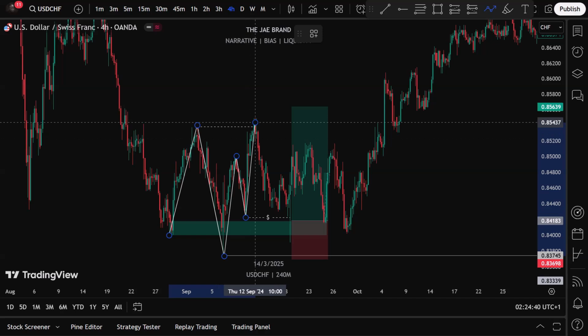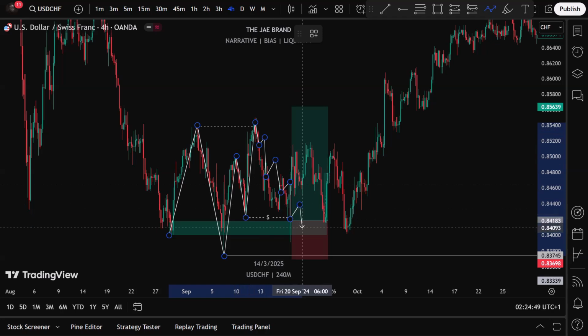And what happened? You see price gradually retracing into my unmitigated area of value. Of course, price is going to take out the structural liquidity, which you see price actually took out aggressively. So you have to learn to spot where the liquidity is so that you don't become the liquidity. You don't trade from areas like this.